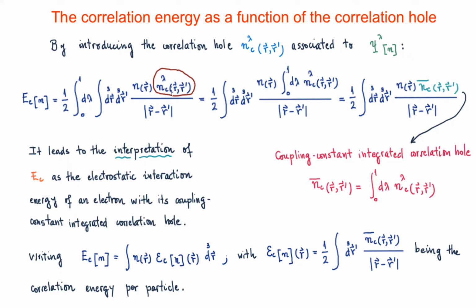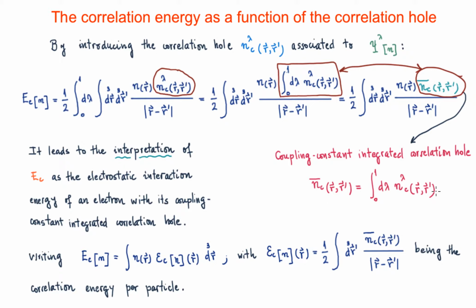But the lambda dependence is just on this term here, the lambda-dependent correlation hole. We are going to call the result the coupling constant integrated correlation hole.